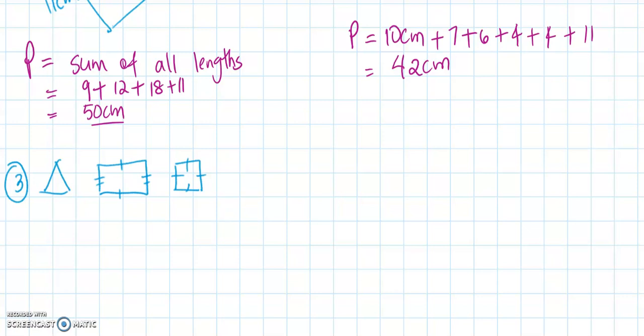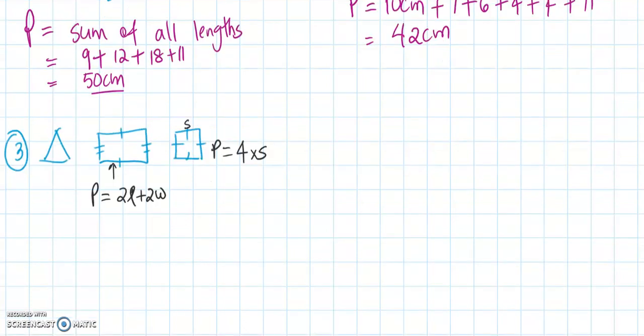For a rectangle, we know that the perimeter is equal to 2 of the lengths plus 2 of the widths. For a square, because all sides are equal, the perimeter is equal to just 4 times the side, or 4s.